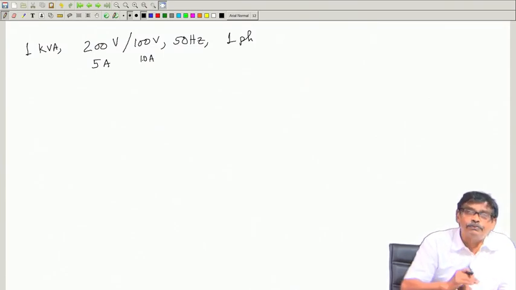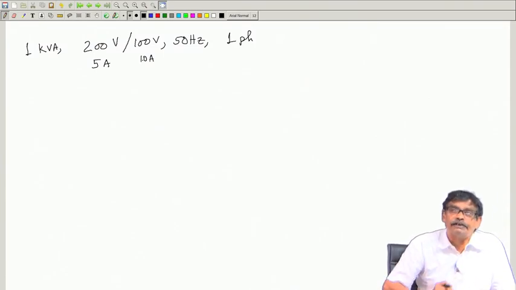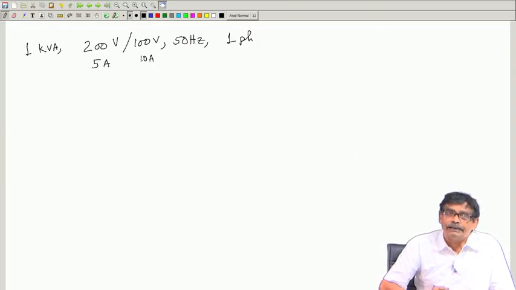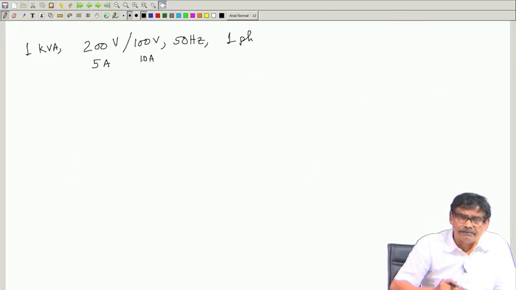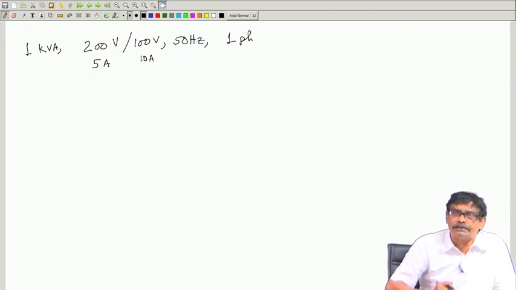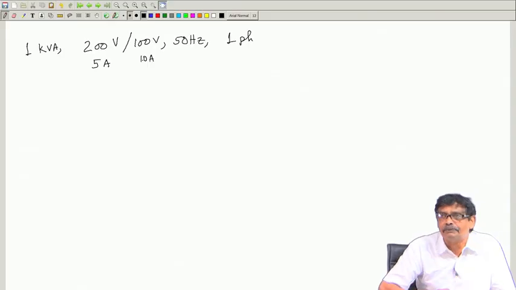Now, for this transformer of this kind of rating, there is really no restriction, because in the laboratory these voltages are low voltages and available in the lab.